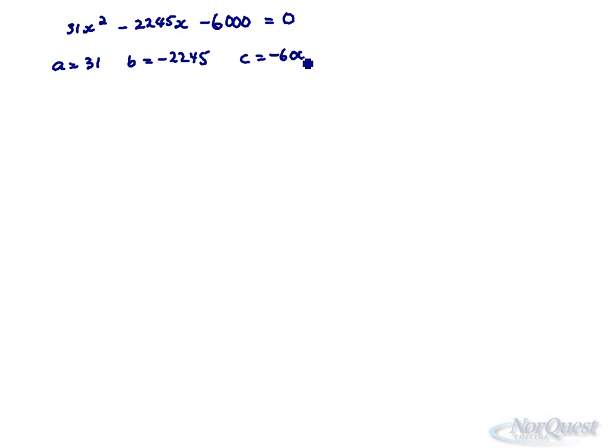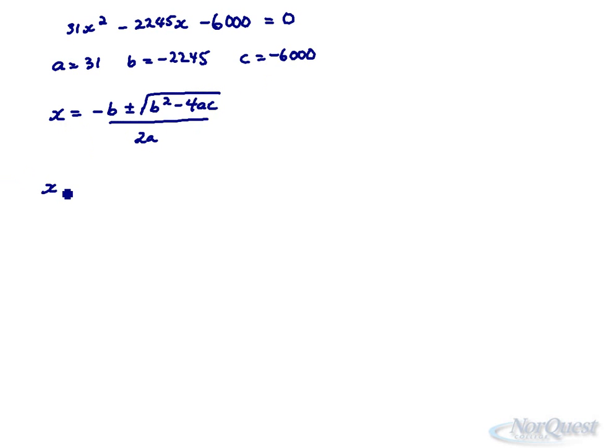X equals... 31x squared minus 2245x minus 6,000 equals 0. A equals 31, B equals negative 2245, C equals negative 6,000. Now the question will just want us to give the speed, so we'll go to the nearest whole number. Negative b plus or minus the square root of b squared minus 4ac all over 2a.